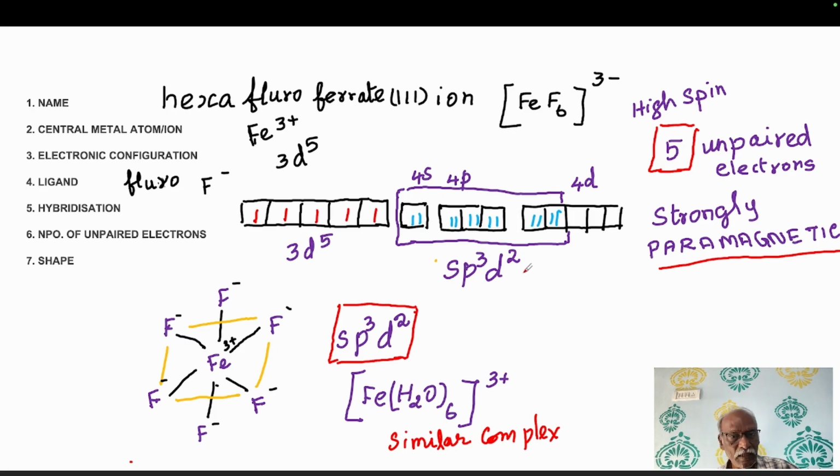Again I say, all these 6 orbitals are alike, similar in shape, size, and energy. That's why we call them degenerate orbitals.